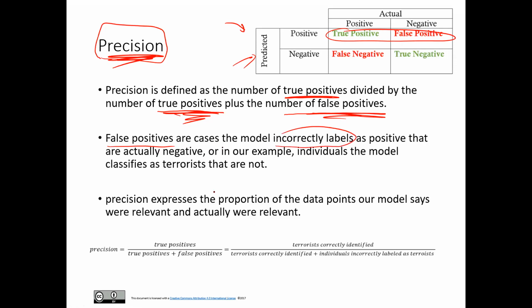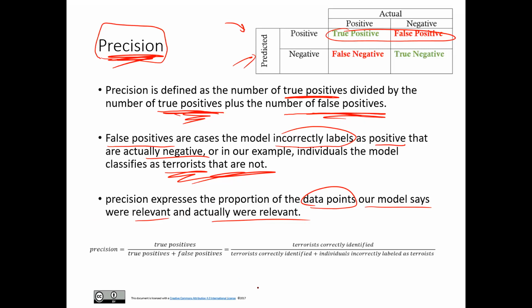So it's going to predict both true and false. And so false positives are cases the model incorrectly labeled as positive that are actually negative. Or in our example, individuals the model classifies as terrorists that are not. Precision expresses the proportion of data points our model says were relevant and actually were relevant.